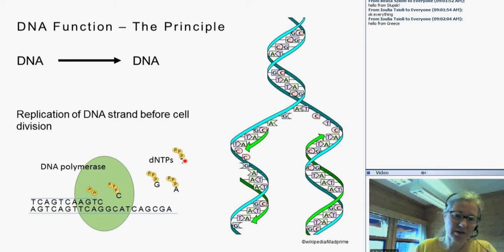Here is the nucleotide, T, A, and G, and then there's this phosphor group, a chemical compound attached to it, and they kind of swim around in the nucleus.